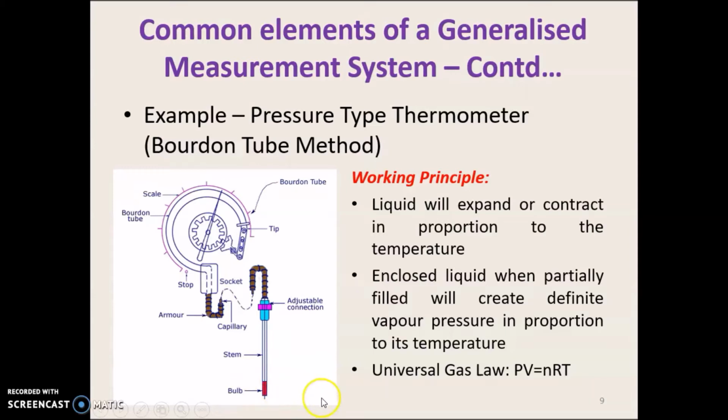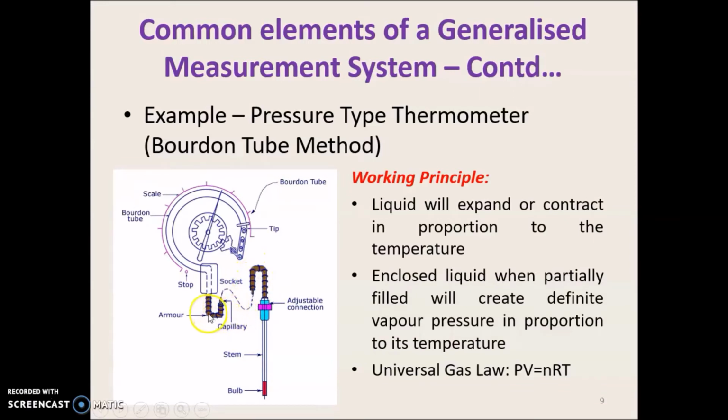Based on the temperature of the liquid, the red color liquid inside this bulb is going to expand or contract. Because of this expansion or contraction, there will be a difference in the vapor pressure of the gas which is filled over here.